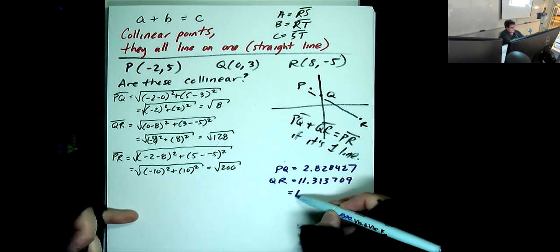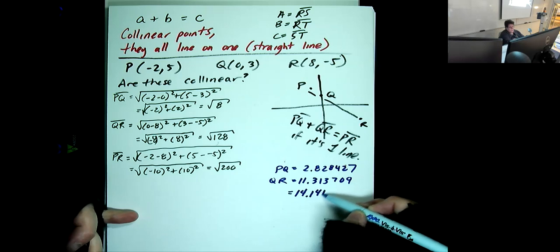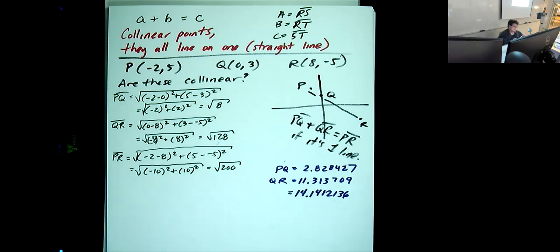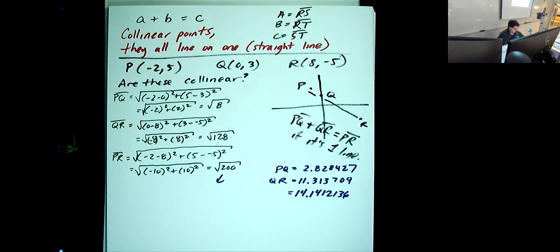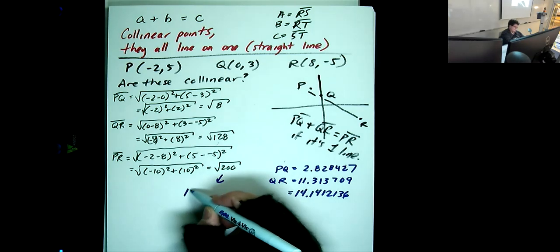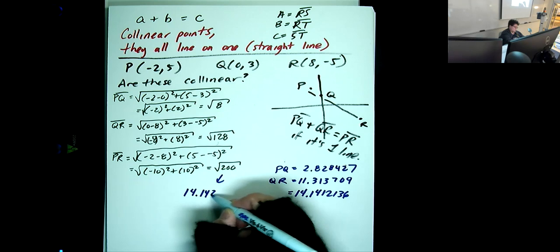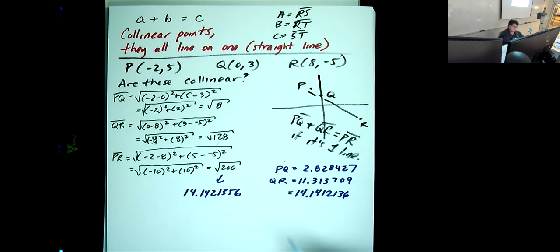These add up to 14.142136. Now, the question is, what is square root of 200? 14.142136. I think without the rounding, those are pretty spot on. I'm going to say those are all in a line.